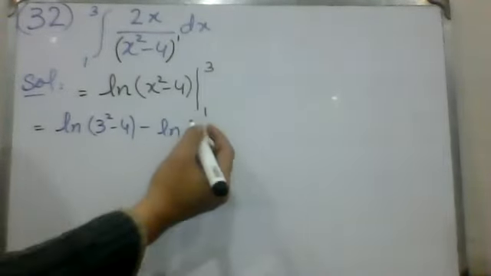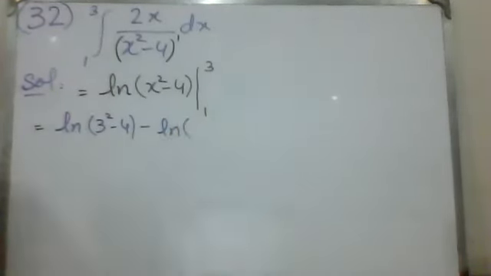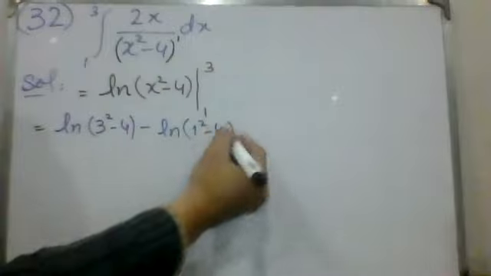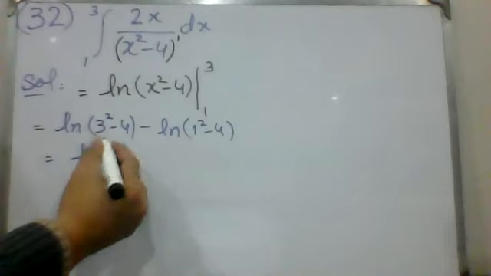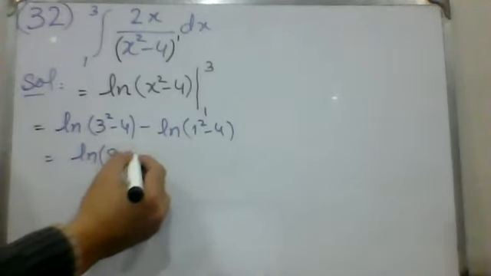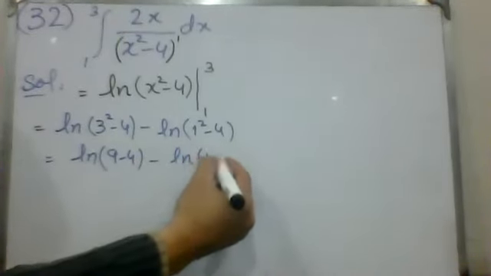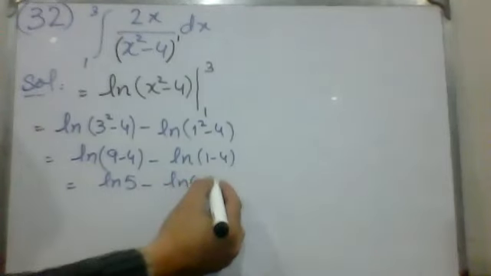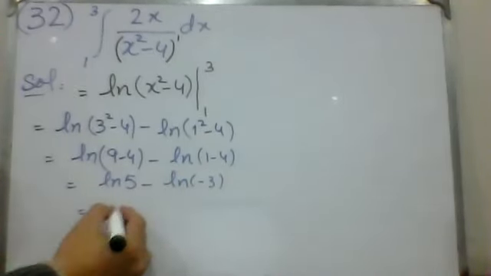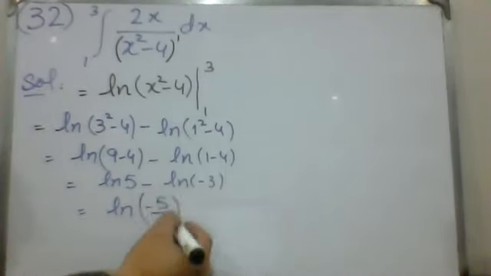Then in the place of x we put 1, so 1 square minus 4. So ln of 3 power 2 is 9 minus 4, minus ln of 1 minus 4. So we get ln of 5 minus ln of minus 3. So both have log, so we can write log of 5 divided by minus 3, that is your answer.